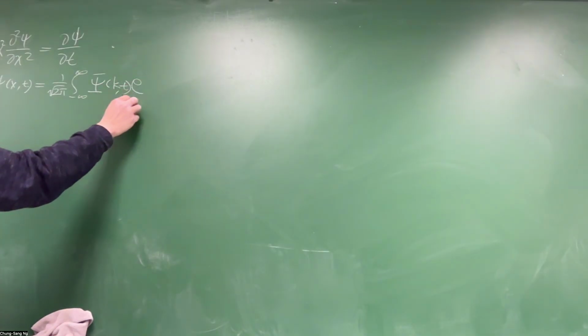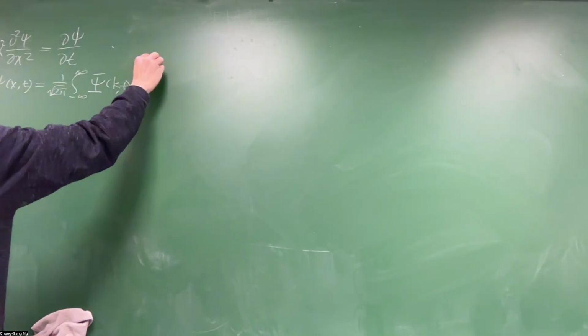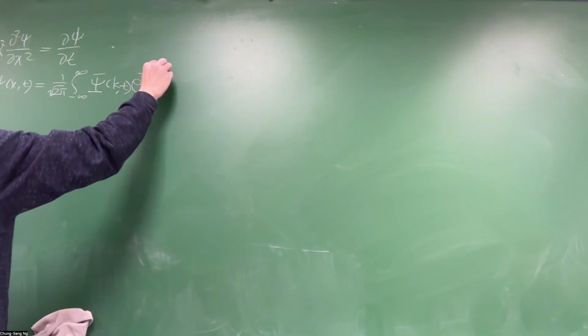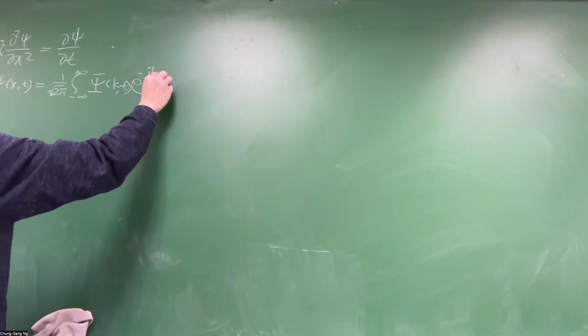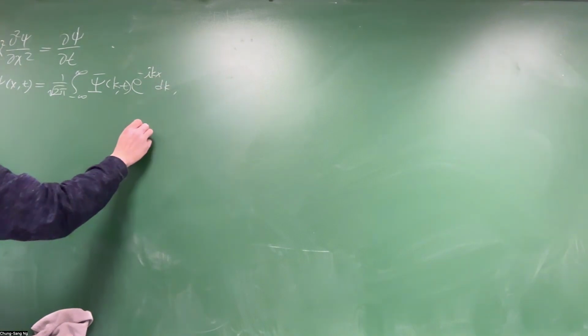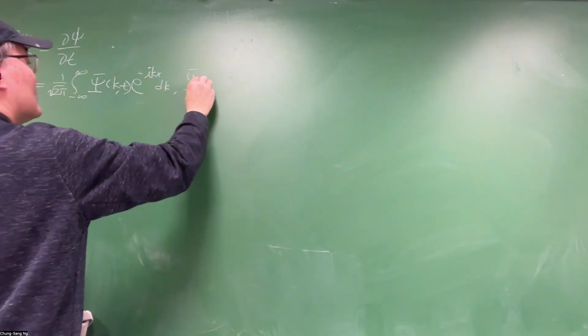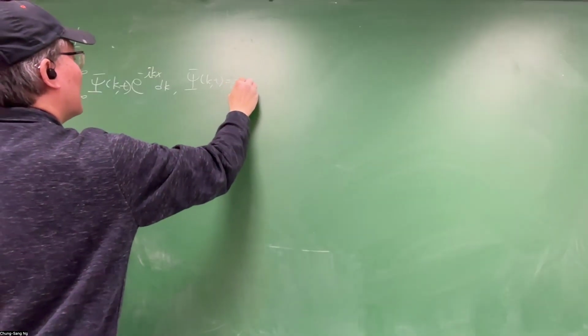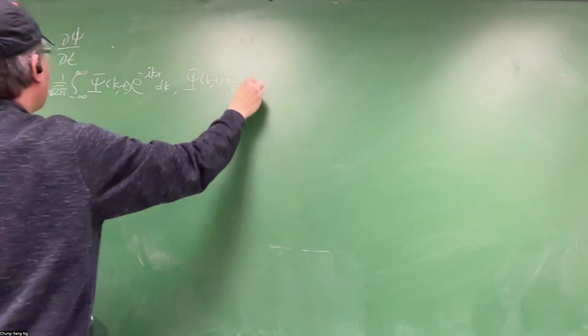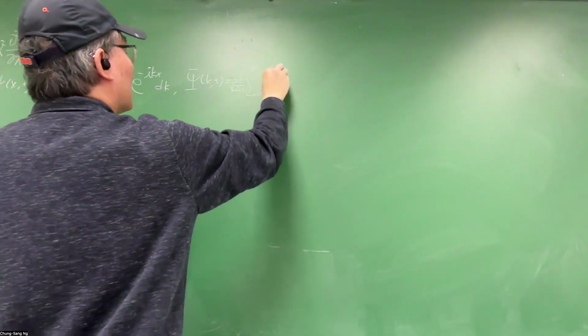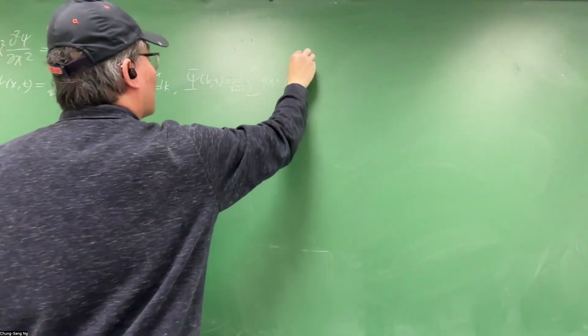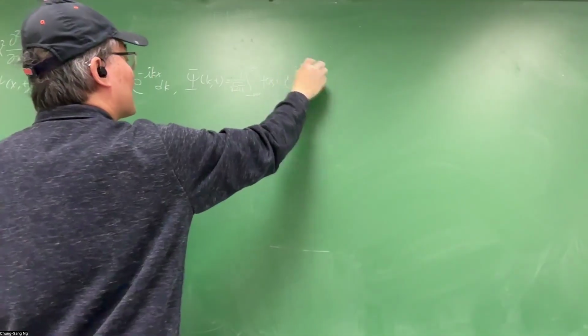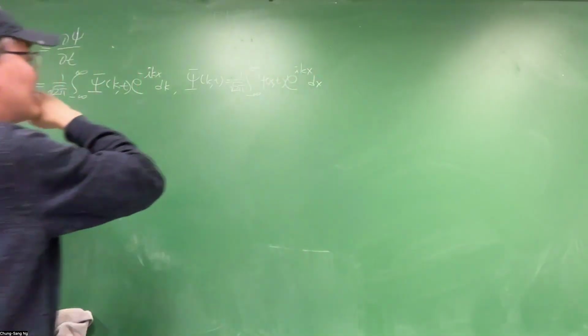And then e, again, minus convention, i k x. That's the inverse transform. So the Fourier transform is the same, except for changing the sign.